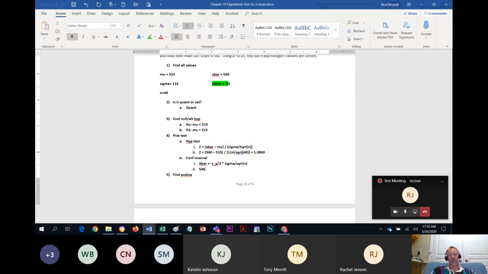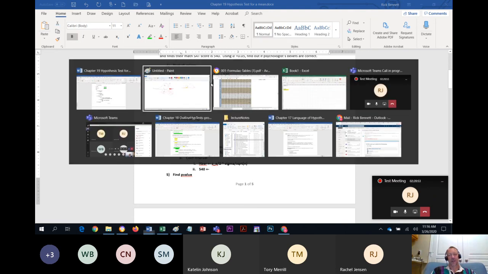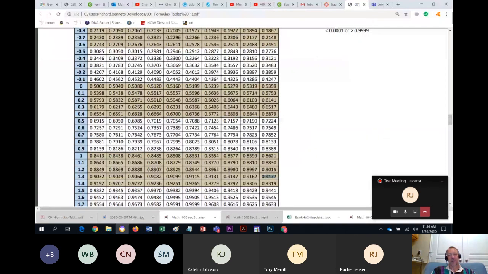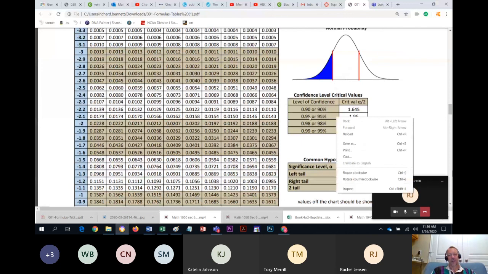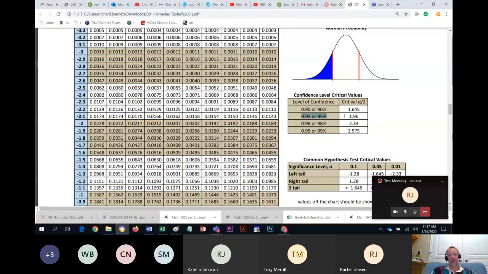So this is going to be 540 plus or minus your Z sub alpha over 2. Now, if my alpha is 0.05, I can look here on my chart. That corresponds to a 95% confidence interval, right? And so that's going to give me a critical value of 1.96.